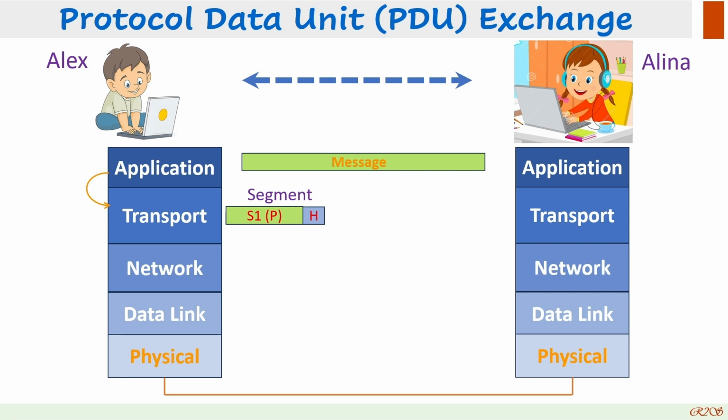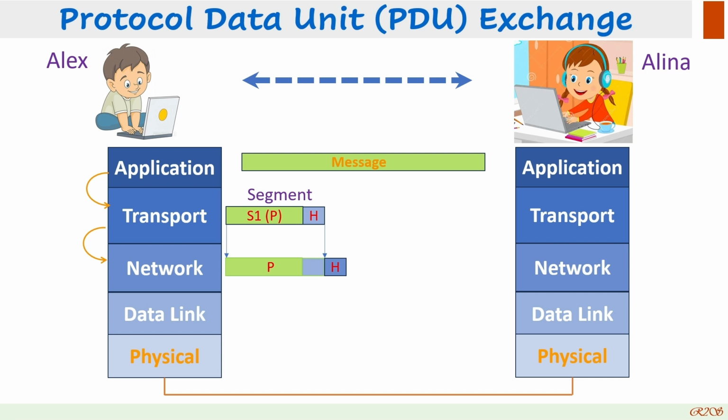Then the transport layer forwards this segment to the network layer, and the network layer considers the whole segment, the payload and header together, as its payload, and adds its own header, that means the information about the network layer protocol.